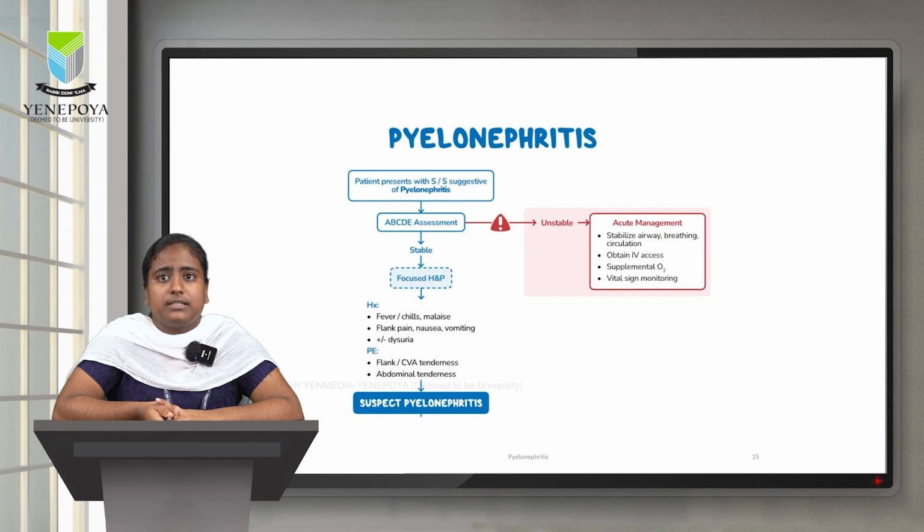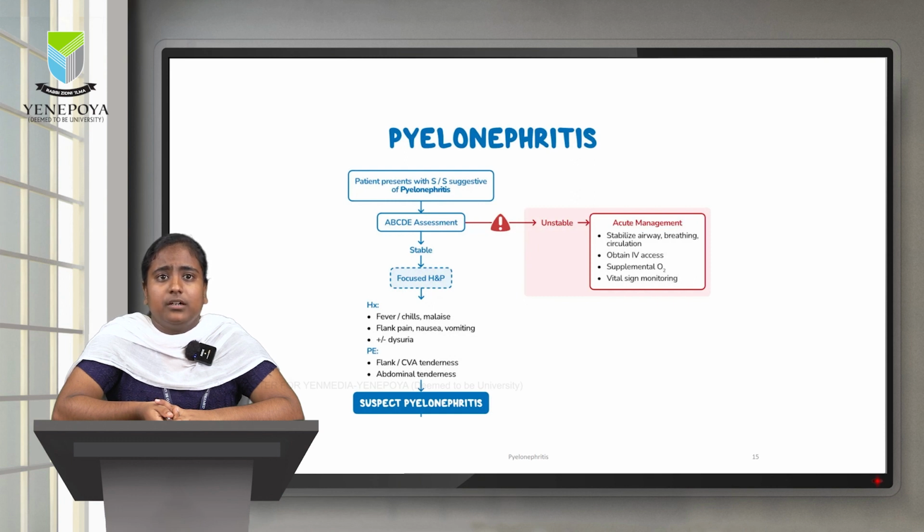First you should stabilize the airway, breathing and circulation, obtain IV access, give supplemental O2, and monitor vital signs. If the patient is stable, focus on history and physical examination.